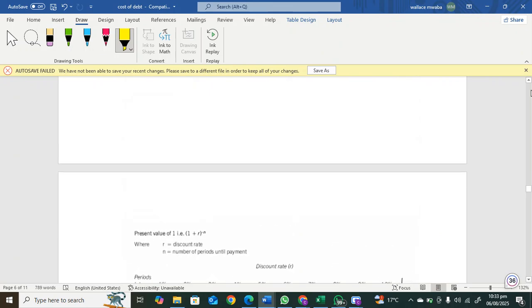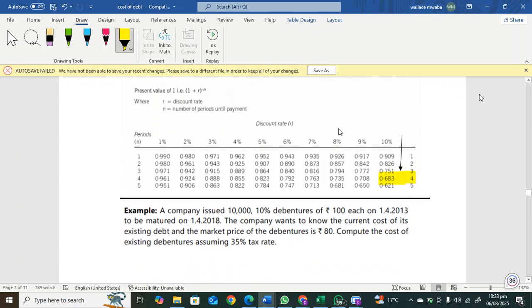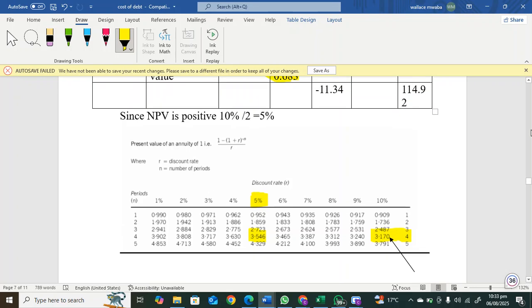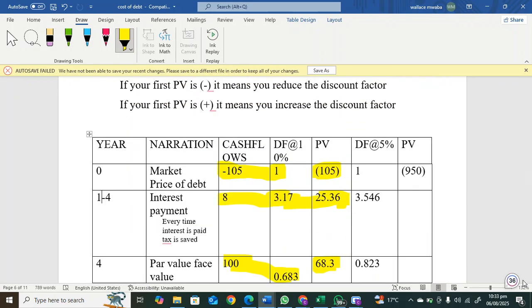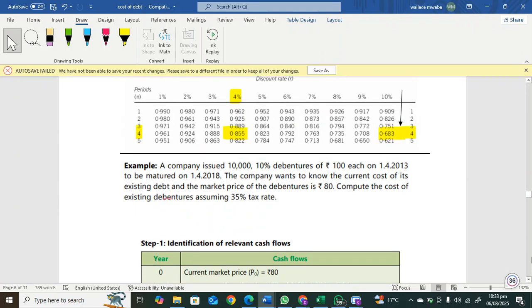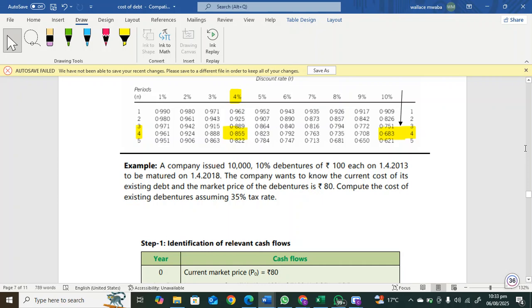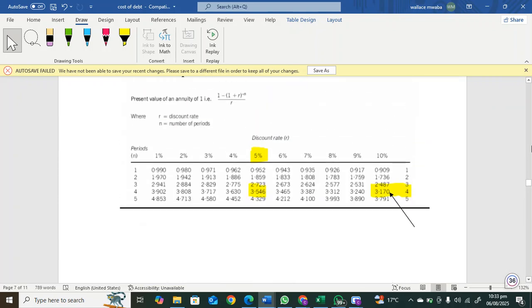So year 4, present value table, you first look for 4% here, then you look for year 4, so our value is 0.855.